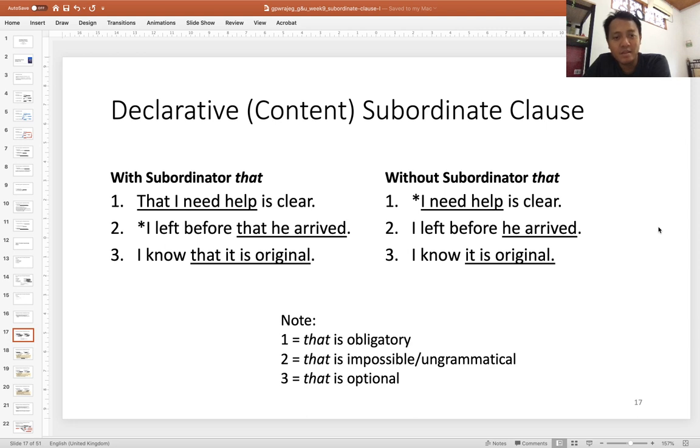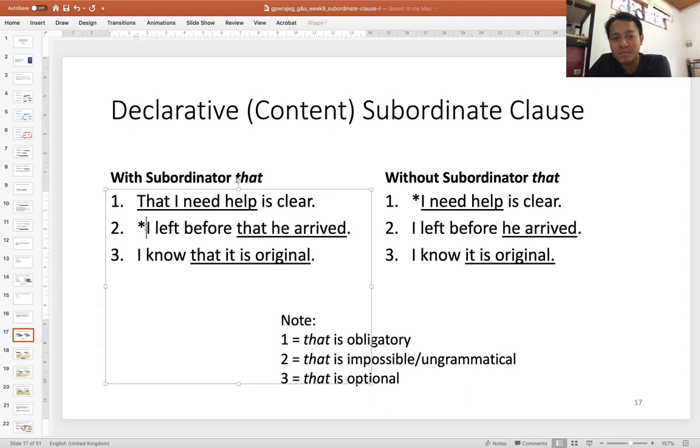In the second example, if you add the subordinator that, the example becomes odd. It becomes awkward and not grammatical. No one will ever say I left before that he arrived.